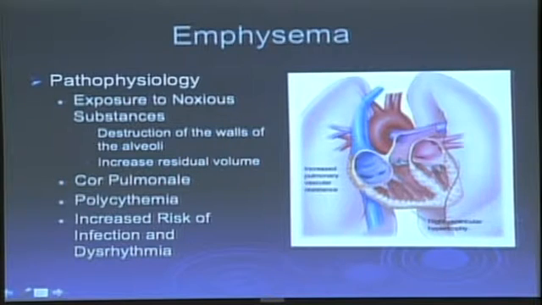That chronic hypertrophy of the right heart in response to increased vascular resistance develops what's called cor pulmonale. The right heart becomes almost as big in some cases as the left heart.